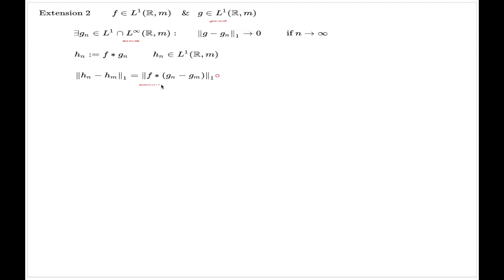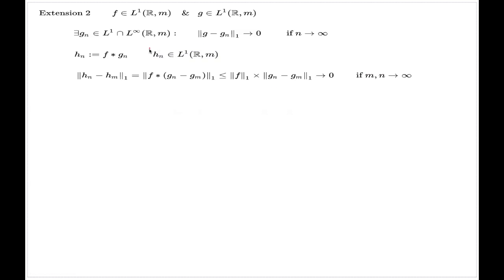So I can use my first step of the extension and estimate this value by an expression like this. And now this is a sequence which converges to g. So this is a Cauchy sequence. So this goes to 0 if m and n go to infinity independently.